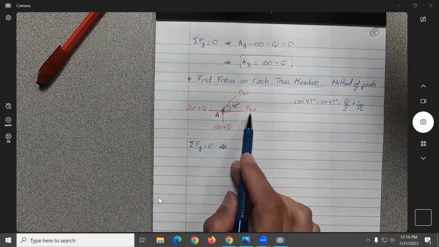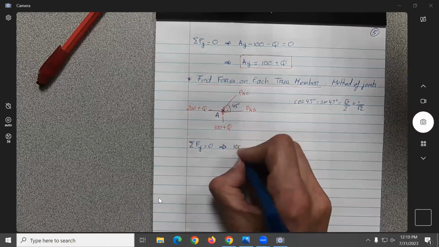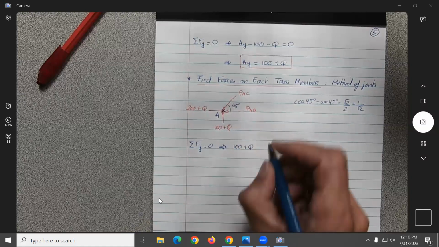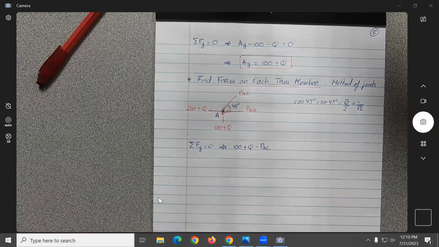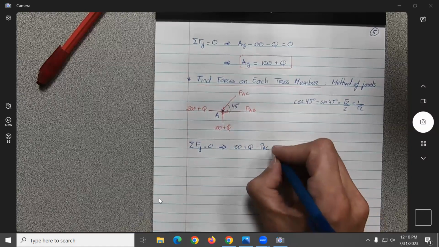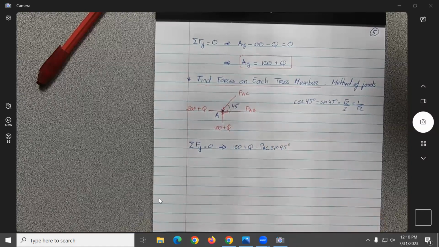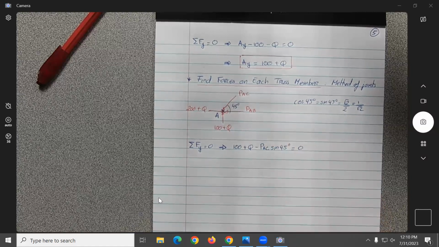Because PAB has no component on the y, no? Okay, so we do first the y. This is going to give you what? 100 plus Q minus PAC sine 45 equal to 0, no?